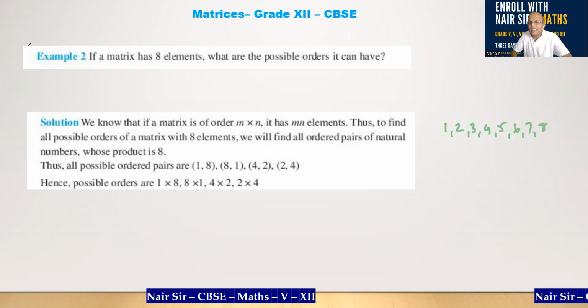What are the ways that I can write it? I can get this way, this way, this way, and this way. Whereas this one represents my row and this one represents my column. With me? Am I going fast? Let me know. Next.